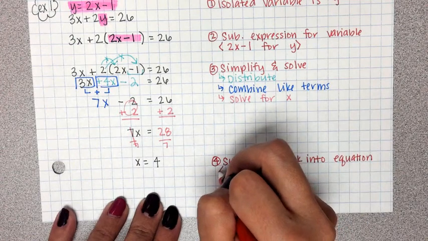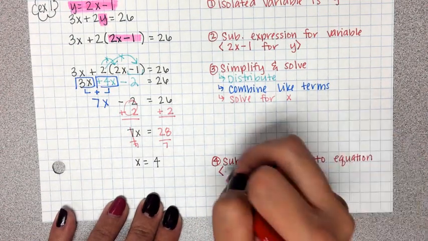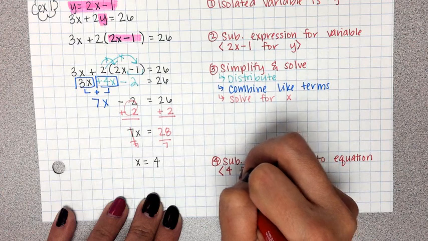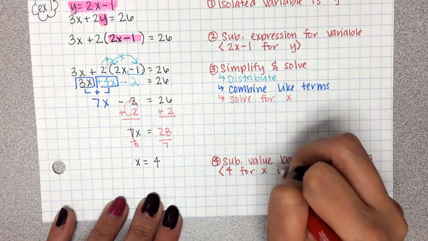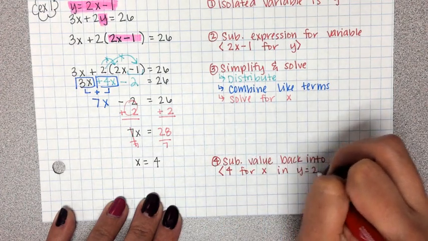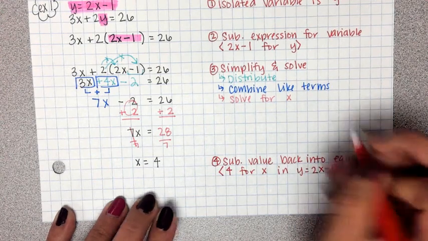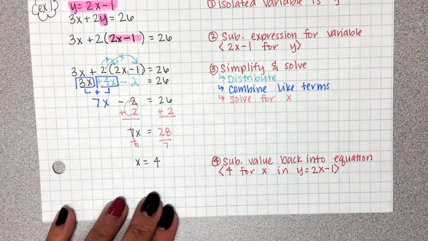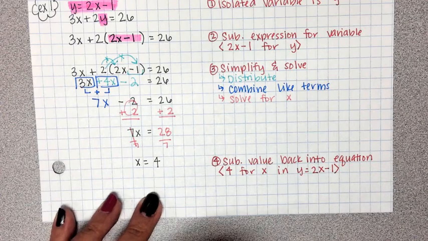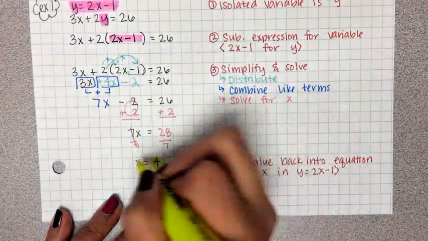Again, I suggest doing the one that's already isolated. So I'm going to substitute 4 for x in y equals 2x minus 1. I'm going to use a different highlighter this time. So x is 4.